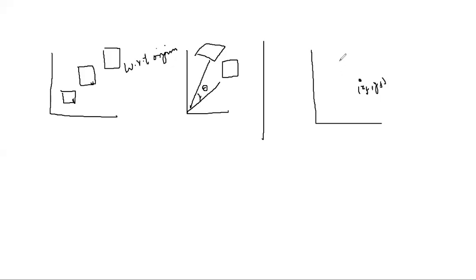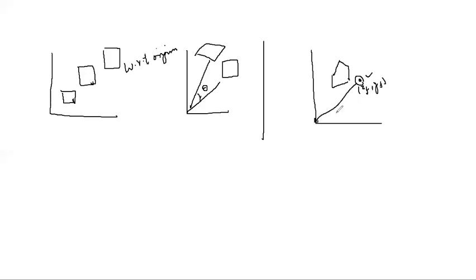Let's say this is an object, and you want to scale this object with respect to this point, or you may want to rotate it with respect to this point. Let's say I'm trying to scale this object with respect to this point. So how can we do so? First we bring this point onto the origin.